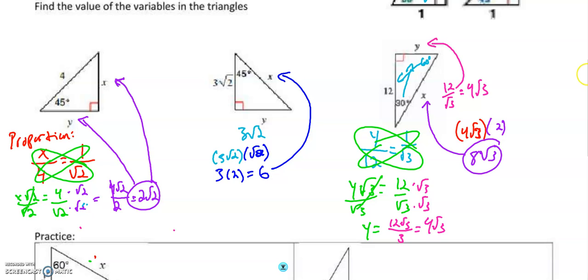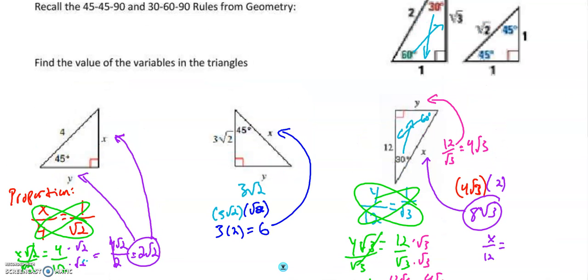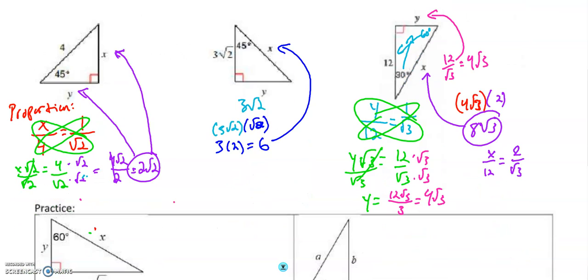Okay? You could have also used the proportion method to find x. What you would do is x over 12 equals, since x is the hypotenuse, based on the right triangle up here for 30, 60, 90, it was 2 over the square root of 3. And cross multiply would give you x times the square root of 3 equals 24.